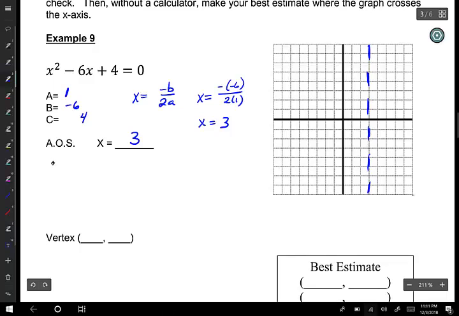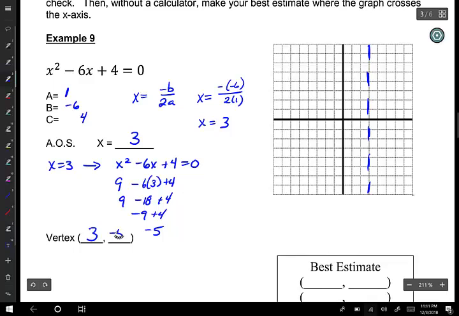Now we're going to take that value of x equals 3, and we're going to plug it in to x squared minus 6x plus 4, and see what we can find out what the value of this is. So that is 9 minus 6 times 3 plus 4. That's 9 minus 18 plus 4. That's negative 9 plus 4. That's negative 5. So the vertex of this parabola is at 3, negative 5.